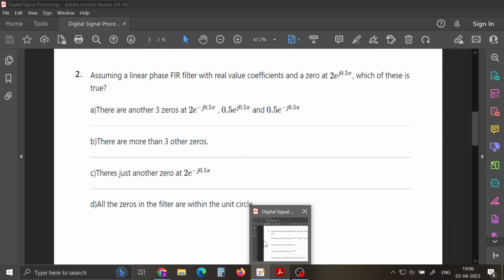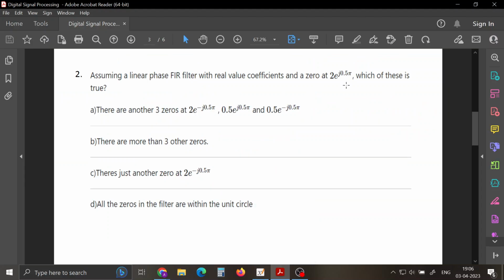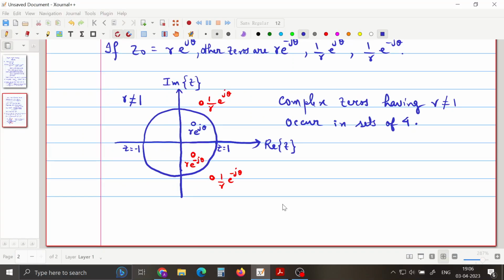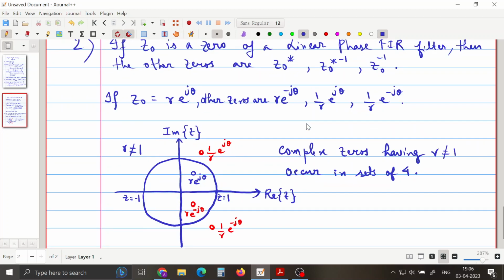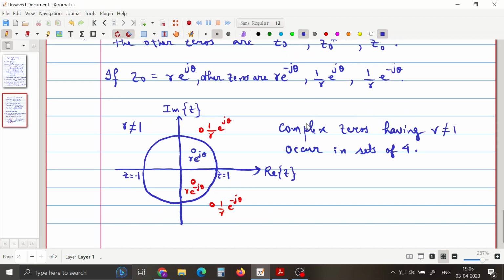So if you go back to the question, already you have 1 zero at 2 times e power j 0.5 pi. So you can easily find the location of the other 3 zeros, right? So you know from this concept that there will be 4 zeros.